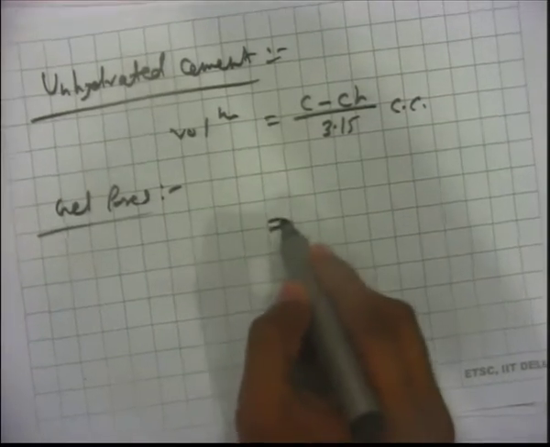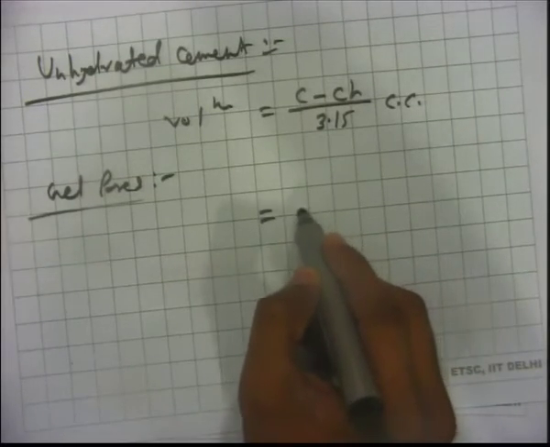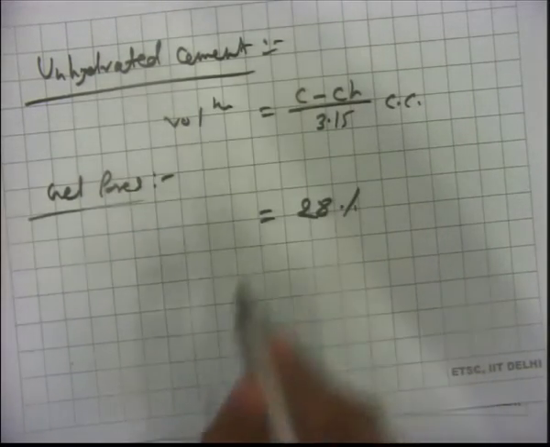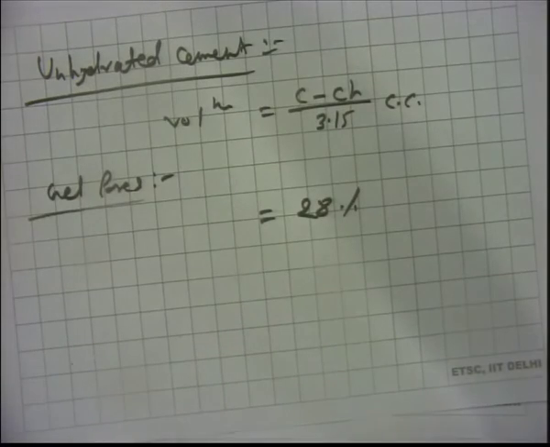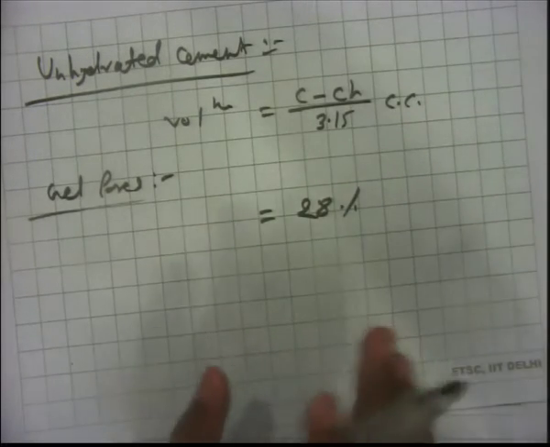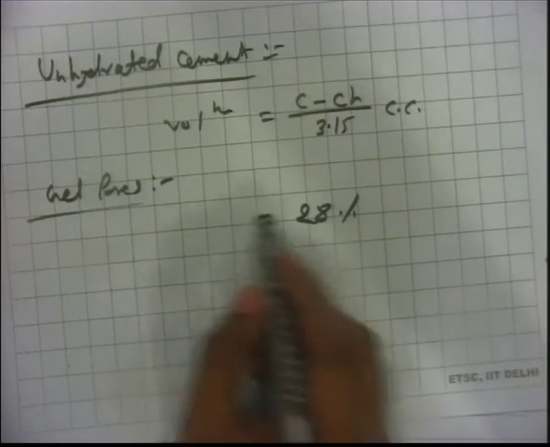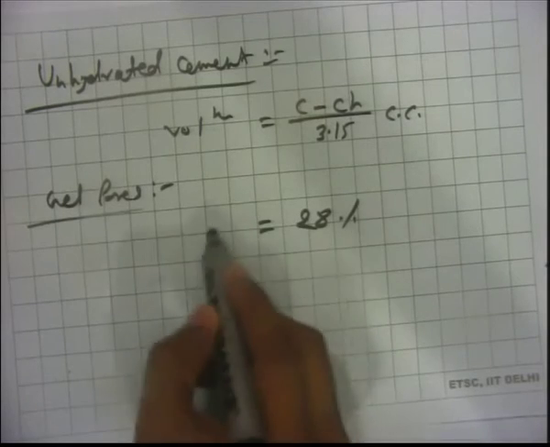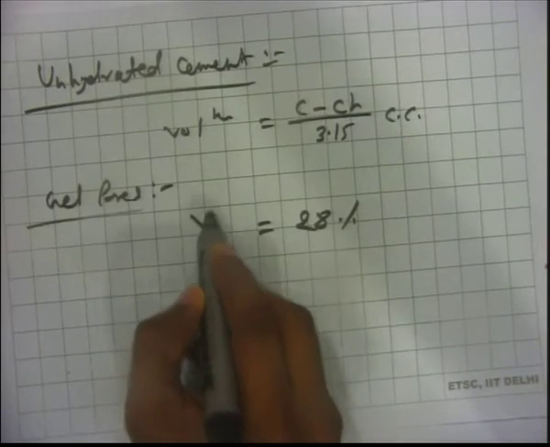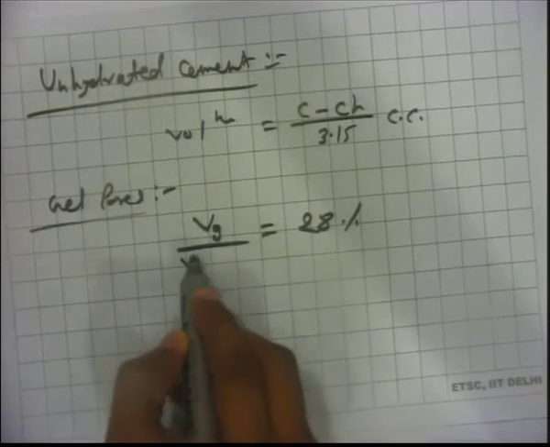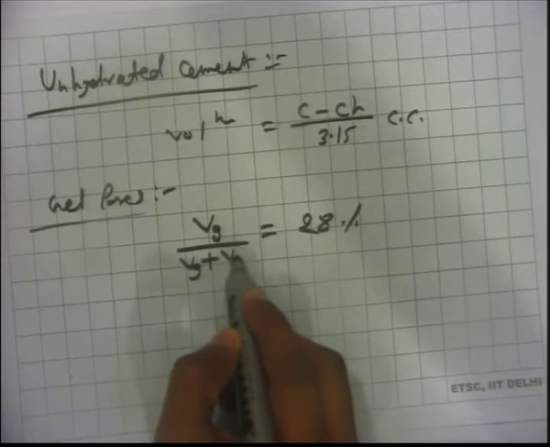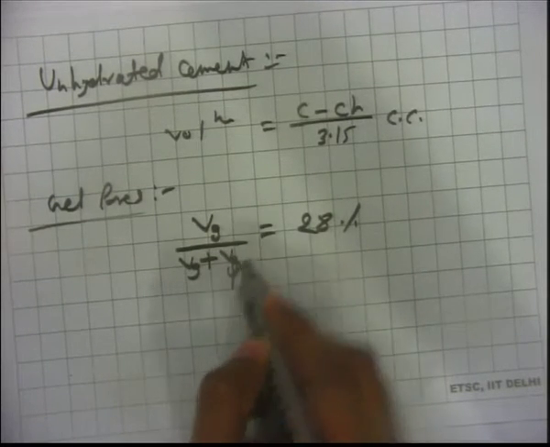Now next are the gel pores. We have already discussed that the volume of gel pores is 28% by volume of total cement gel. So 28% can be written as volume of gel divided by volume of gel plus volume of solid hydrated products, VP.